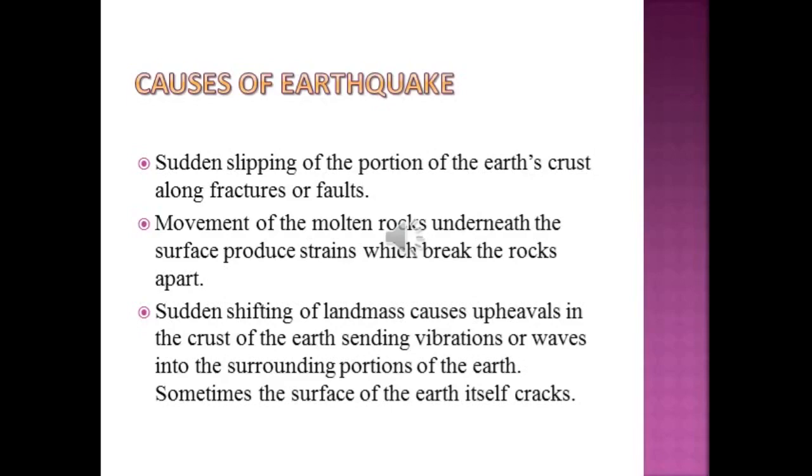Sometimes the plates collide with each other, causing vibrations on the surface. Or when plates collide, one plate goes down and another moves up. This takes place between an oceanic plate and a continental plate, and as the continental plate moves upward, we feel an earthquake in the continental region. Or if two continental plates collide, they move up, which also causes an earthquake.